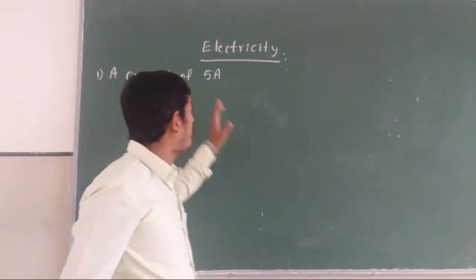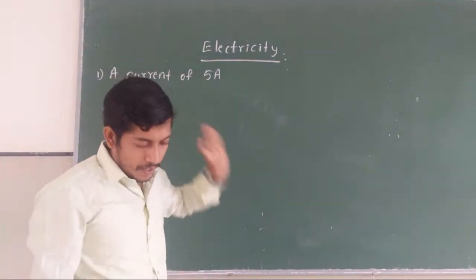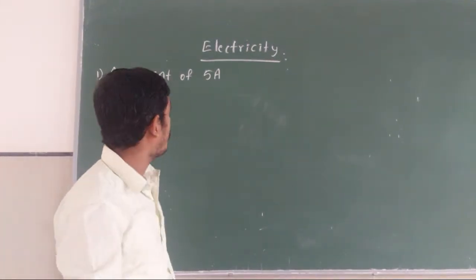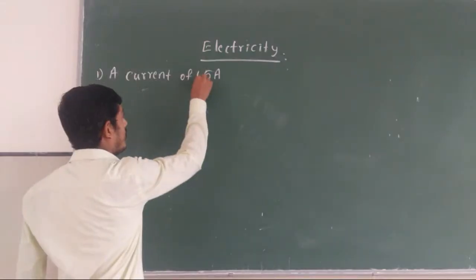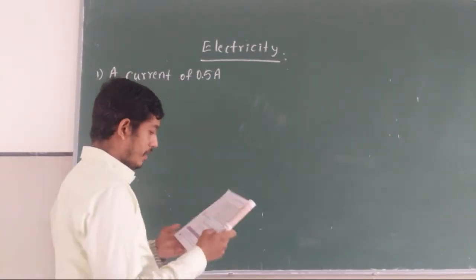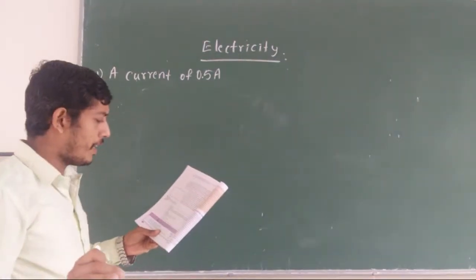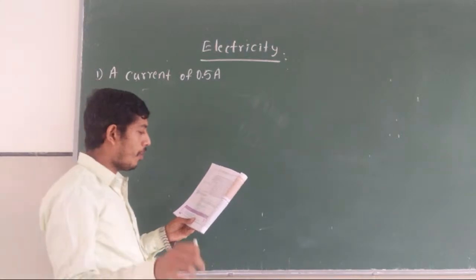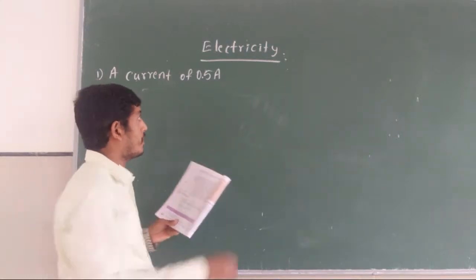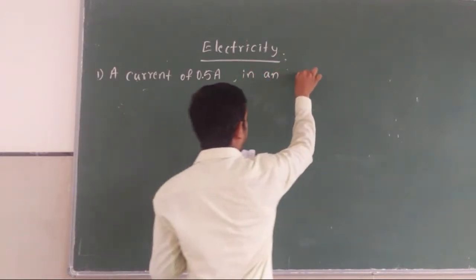But if you want the abbreviation, or short form, then you use capital A. A current of 0.5 ampere is drawn by a filament of an electric bulb for 10 minutes.